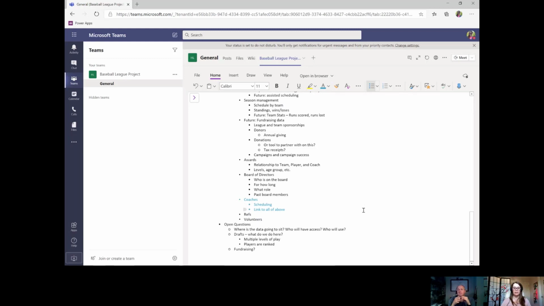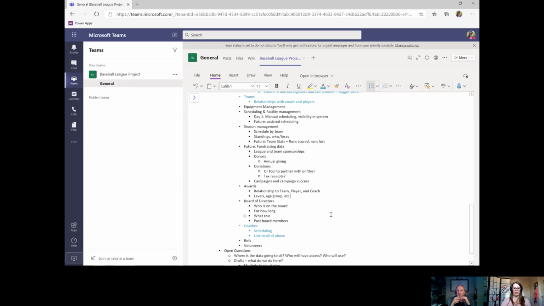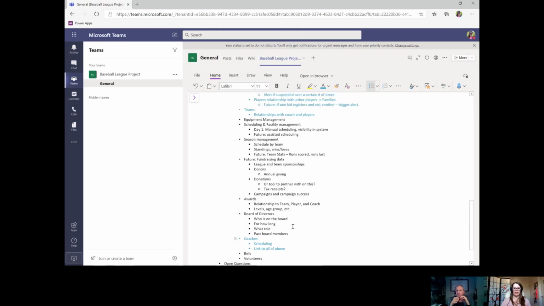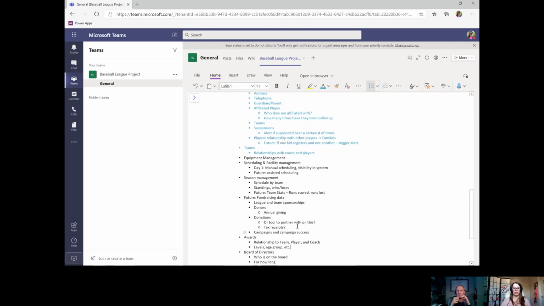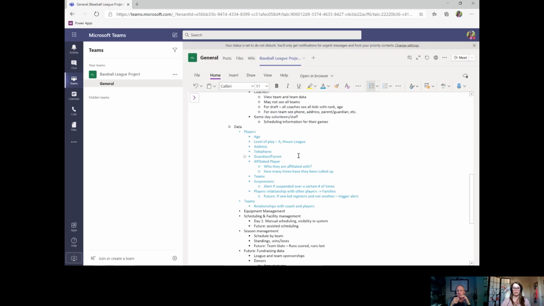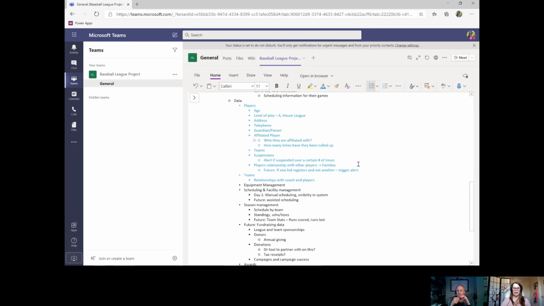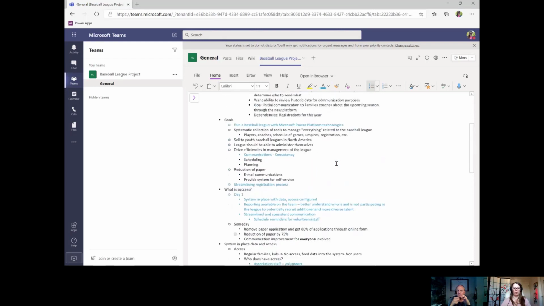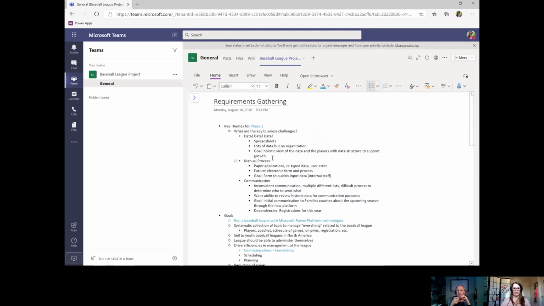Okay, so this has got us to a much more manageable list in terms of data. For our next session, we're going to break down coaches, players, and teams, what this data looks like and how it's connected. Is there any other data that's going to be needed for these key goals that we need to add to this list?